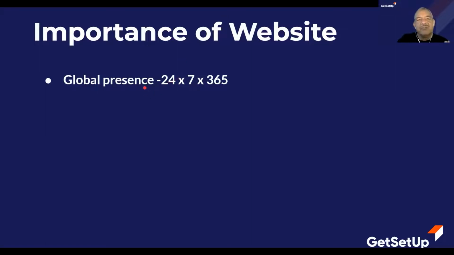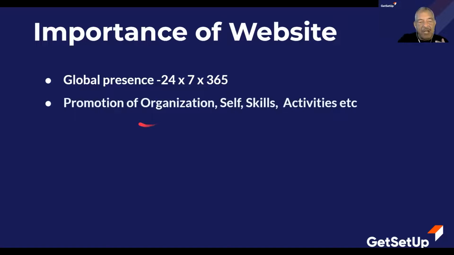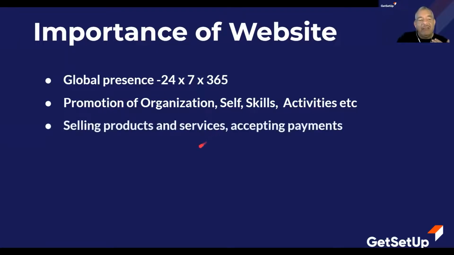Any individual across the globe wishing to know more about the organization can access it. Most websites promote an organization, self, skills, or activities. It is more of a promotional activity. We can also sell products and services and accept payments, like any e-commerce website or online store.